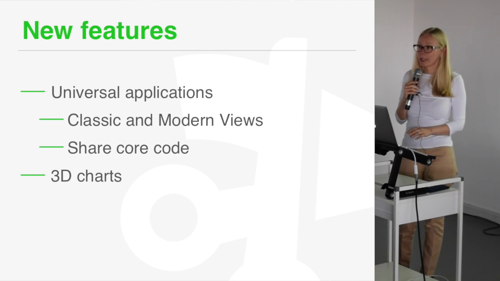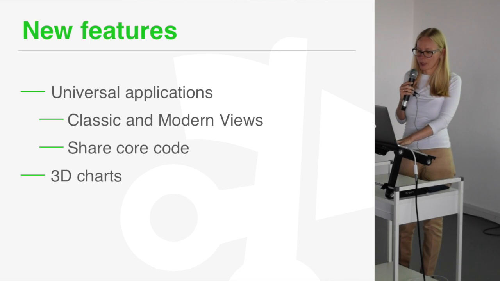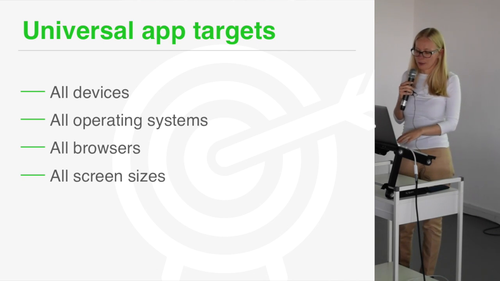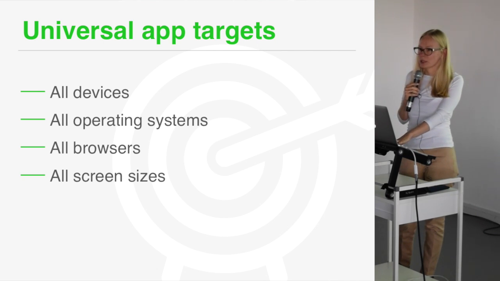Universal applications target all devices, smartphones, desktops, laptops, tablets, with different screen sizes, all operating systems and all browsers. It's possible to create as many kinds of application views as needed, and differentiate user experience based on device type, platform, day of week, or basically anything. And all this is under a single URL.